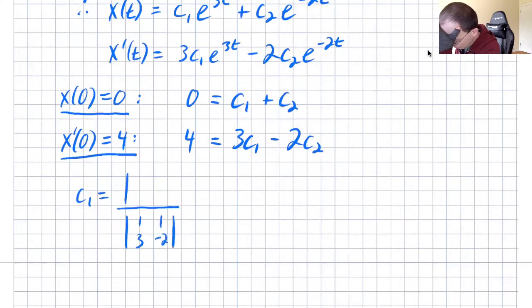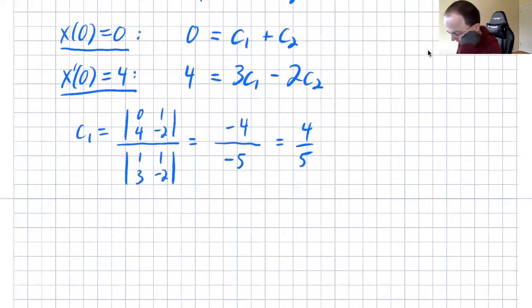So that's the determinant on the bottom. And on the top, we replace the first column with the right-hand side, 0, 4, and then 1 minus 2. And we get 0 minus 4, so negative 4. And then we have negative 2 minus 3, so it's negative 5. So we get 4 over 5.